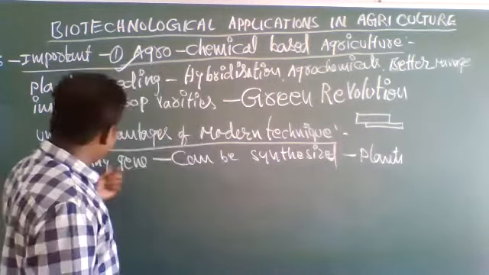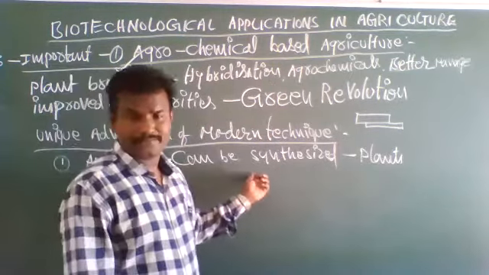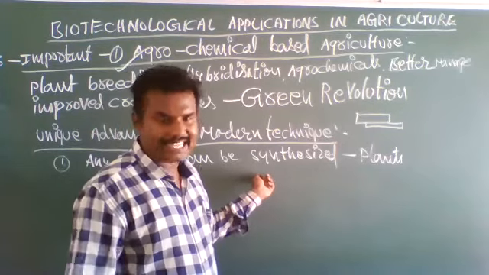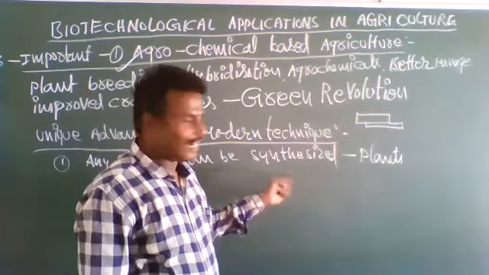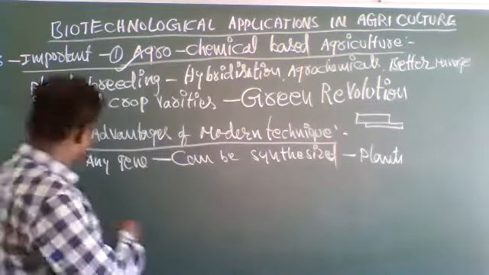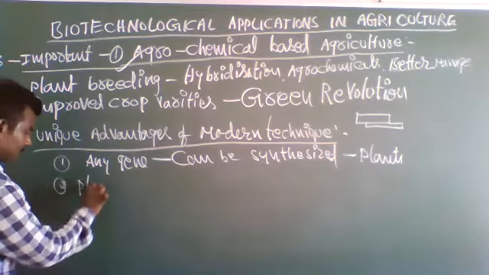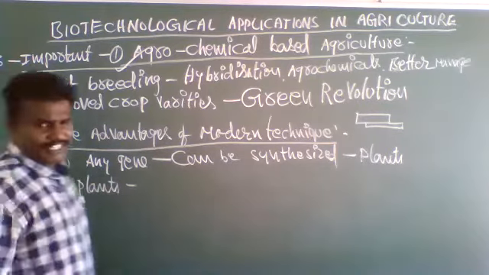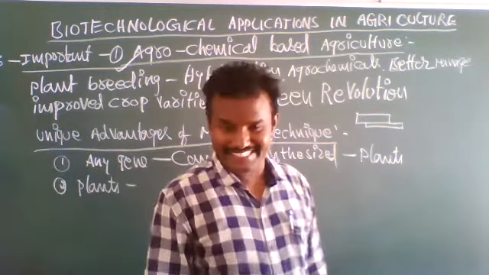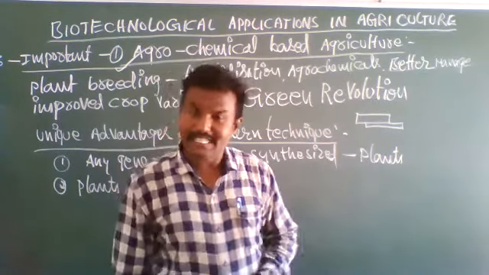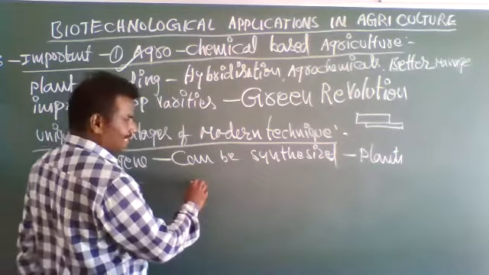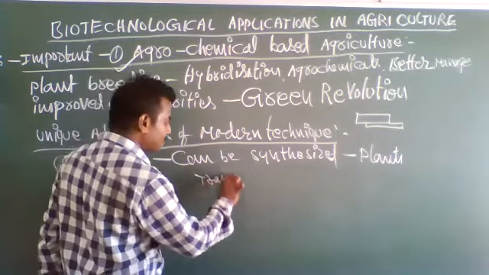In modern technique, any gene can be synthesized in the laboratory, or collected, or multiplied through cloning and inserted into the plants, so plants with desired traits can be created by the introduction of a transgene.